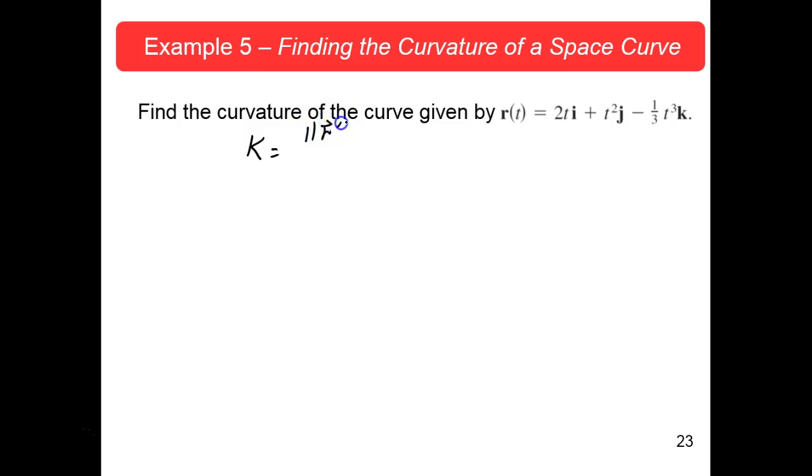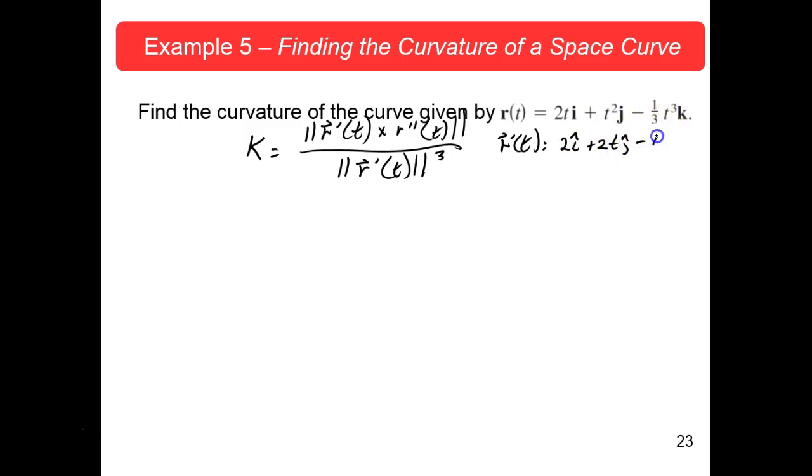Magnitude of R prime of t crossed R double prime of t, divided by magnitude of R prime of t cubed. So what do you reckon you're going to have to do first? Take a derivative. So let's do your R prime of t first. And what would that be? 2i plus 2tj minus t squared k. Perfect.